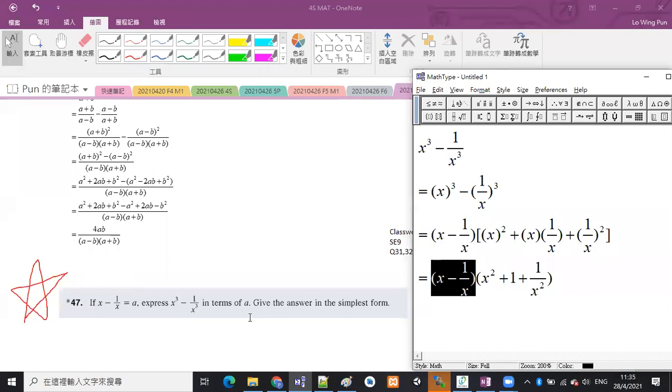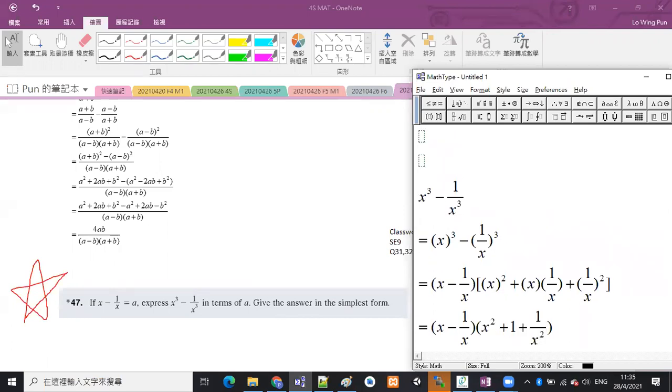it will be changed to a because it's given that x minus 1 over x is just equal to a, right? But for the second bracket, we do not have information about x squared plus 1 over x squared. Okay, so we need to do some preparation first. Okay, let us do a preparation here.